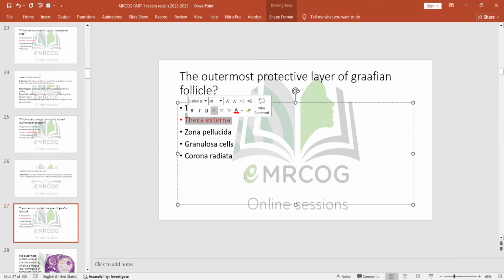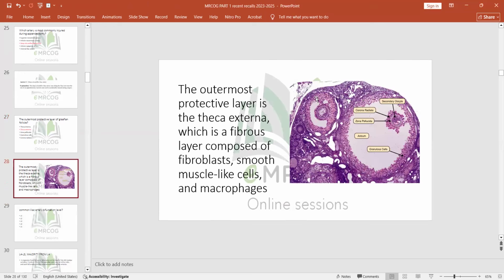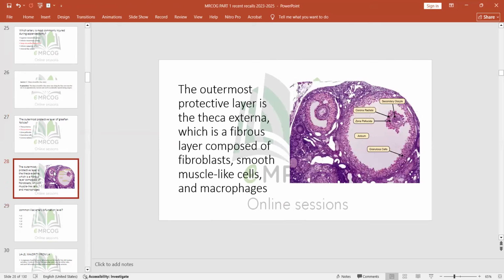But no, if I told you what is the protective layer of the ova in the Graafian follicle, choose one of those. Zona pellucida. Yes, excellent. This would be the zona pellucida. So I got you anyway. The corona radiata is not protective.